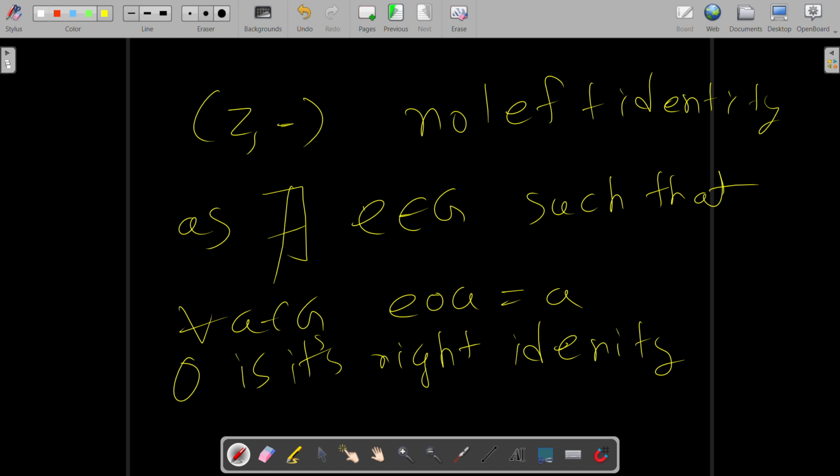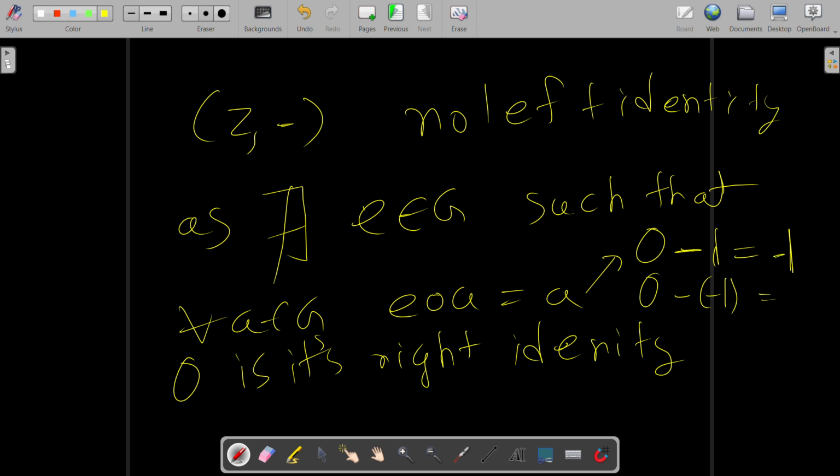We can check these things by examples. If we subtract 0 from any positive integer, it will not return that positive integer, and if we subtract 0 from any negative integer, it will not return that negative integer.